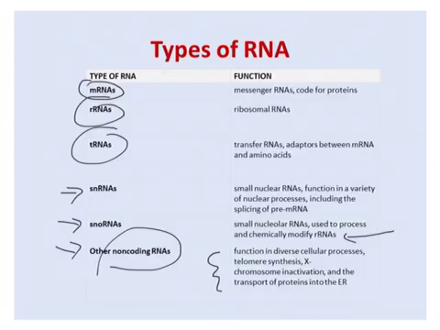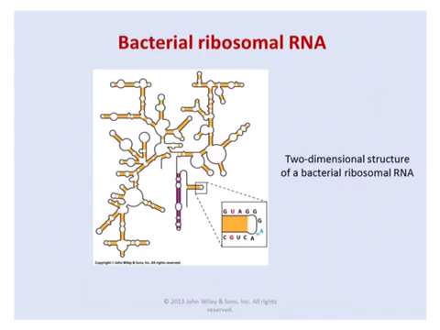This is just a bacterial ribosomal RNA molecule, and you can see that RNA, although it is a single-stranded nucleic acid, can fold in different regions to form a more two-dimensional structure, which is actually critical for different RNAs' functions, such as forming a two-dimensional structure to form a tRNA versus two-dimensional structures that are needed to form binding pockets for tRNA on ribosomes, etc. And you can see that they form these shapes due to interaction between components of the same single-stranded molecule, so they can actually form base pairing between regions of the strand.